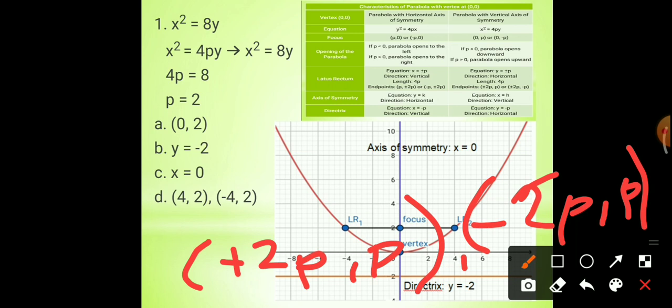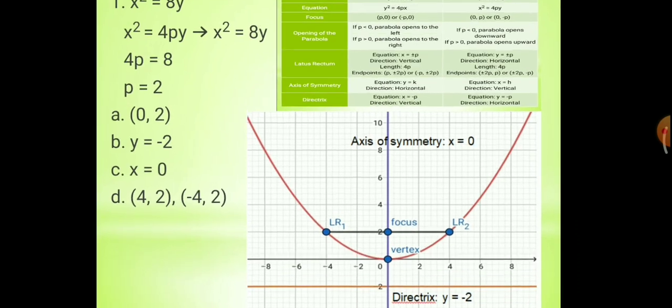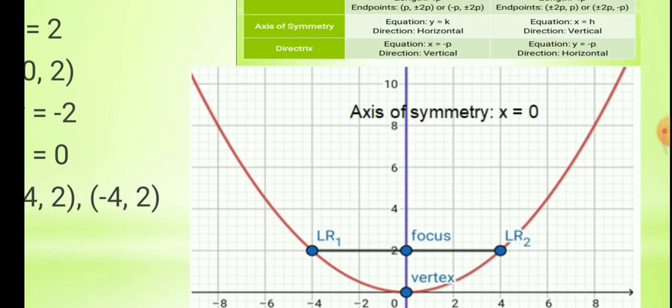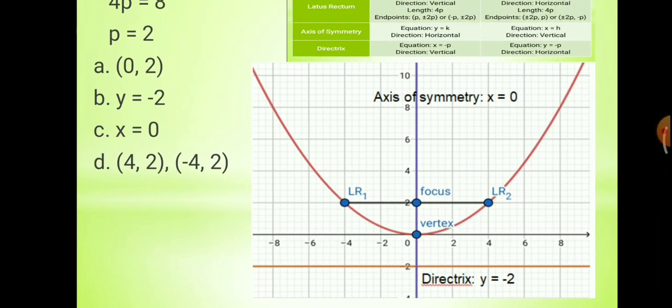Negative 2 times 2 is equal to negative 4, then the value of p, which is 2. Now we have the endpoints of the latus rectum at (4, 2) and (negative 4, 2). And this is the graph of the equation x squared is equal to 8y.